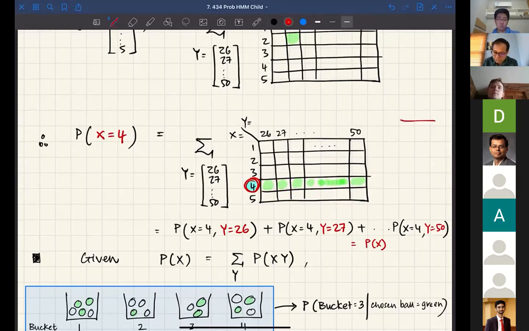Another way of thinking about this is, you remember that joint distribution, that surface. You take X equals 4. For all values of Y, you have different probabilities. You add up all these values, and that will give you X equals 4.